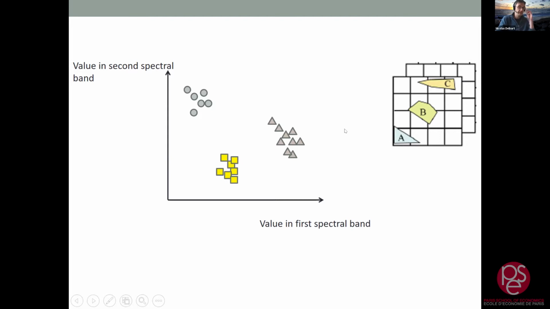And in this very classical method, which is called the minimum Euclidean distance method, each class coming from the samples will be summarized as a single barycenter, which is basically only the average of all the values of all the pixels located in each of the samples. So basically, the class is defined by a barycenter.